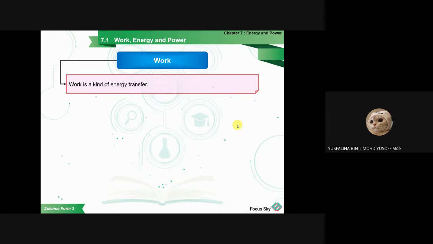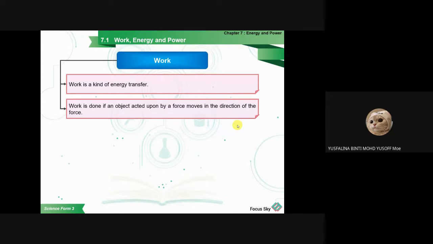So when you push the box, the box will move. Any object that moves will have kinetic energy. So your body transfers the energy to the box, and it becomes kinetic energy, so the box can move. That's why work is a kind of energy transfer.